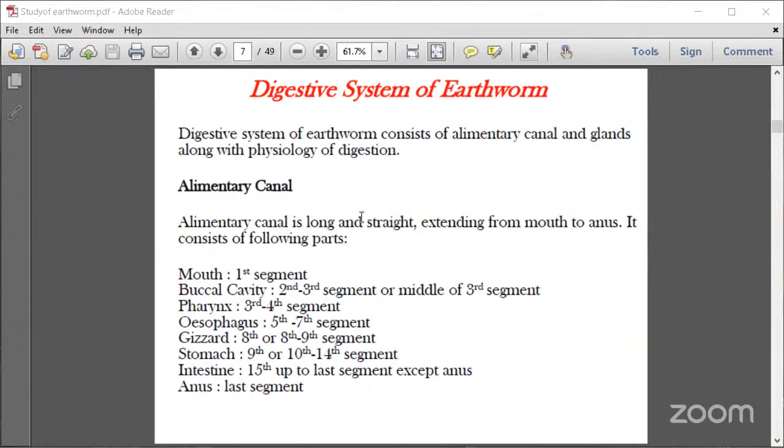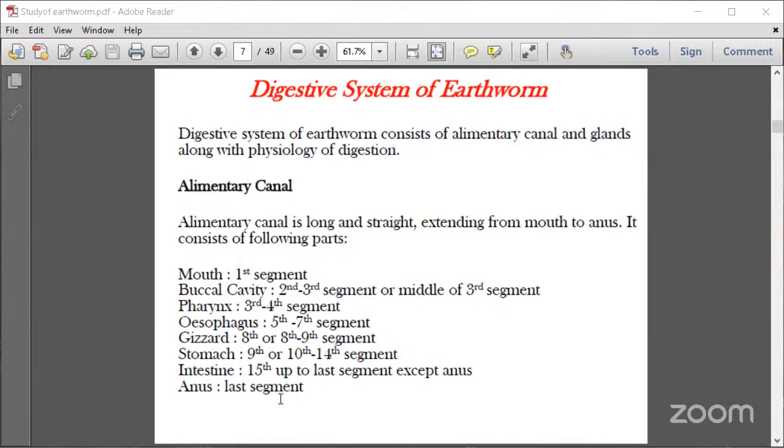It consists of the following parts: mouth presented in the first segment, and buccal cavity presented in the second, third segment or the middle of the third segment, and pharynx, third to fourth segment, esophagus, 5th to 7th segment, and gizzard, 8th to 9th segment, stomach, 9th or 10th to 14th segments, and intestine extended from the 15th to the last segment, except anus.